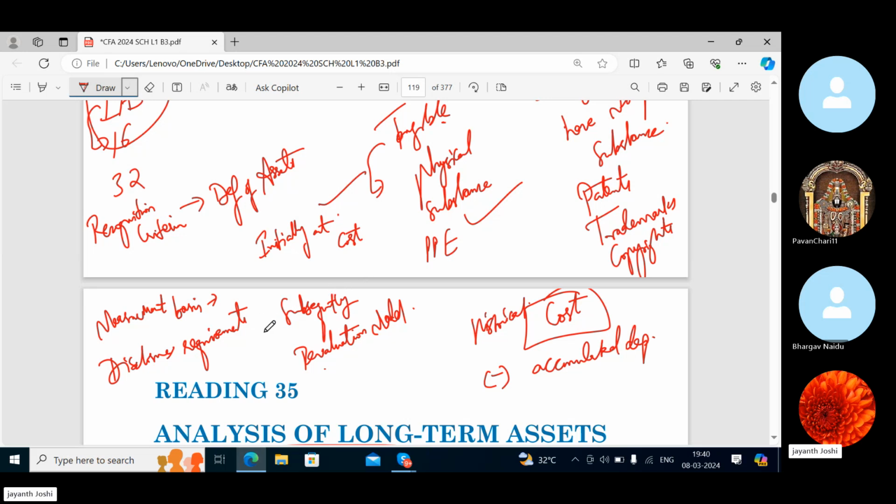If you are going with the revaluation model, you show the value of the asset at the revalued amount. Let's say you have called a professional valuer to value your asset, and the valuer has given the revalued amount.